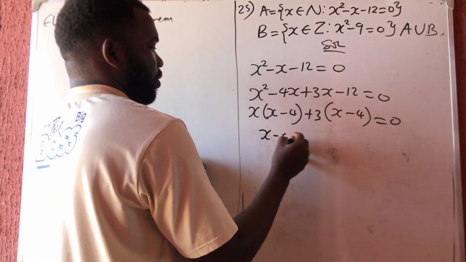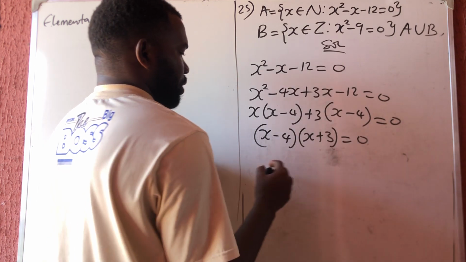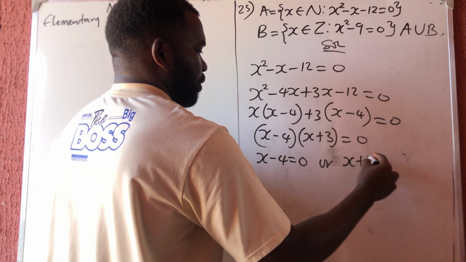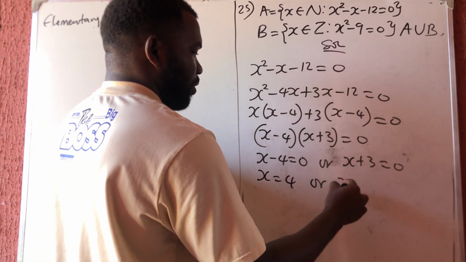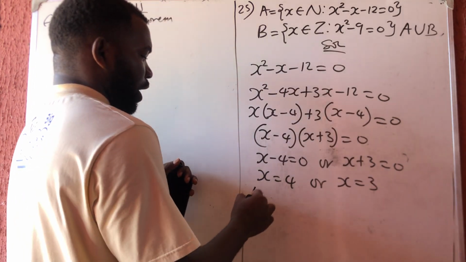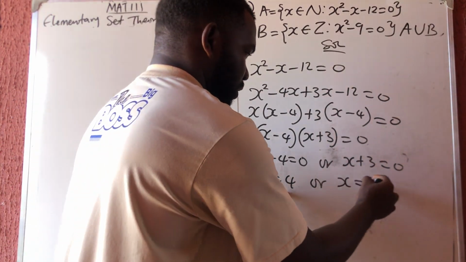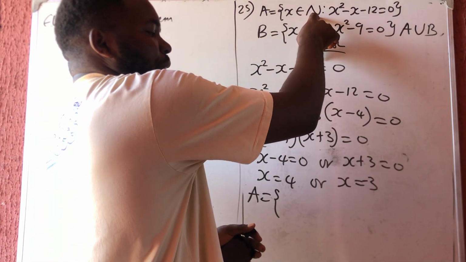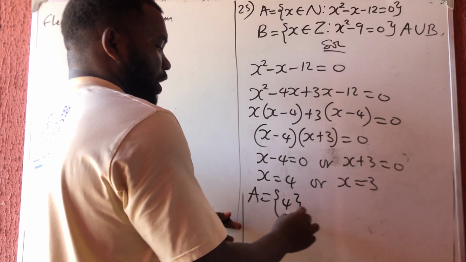So I'm having x minus 4 and x plus 3 is equal to 0. So x minus 4 is equal to 0, or x plus 3 is equal to 0. So therefore x is equal to 4 or x is equal to minus 3. So the elements of A are what? 4 and minus 3. But they told us that x must be an element of natural numbers, and natural numbers are only positive whole numbers. So I have only 4 here.